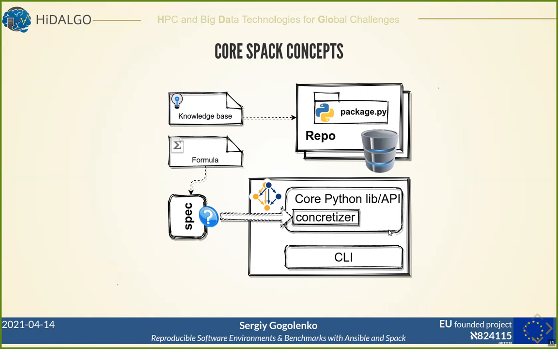Spack has some internal concretizer, but it is also possible to use some external concretizers for Spack. That's a topic which is beyond the scope of this presentation, but in general, it is possible. And Spack has a CLI, command line interface.